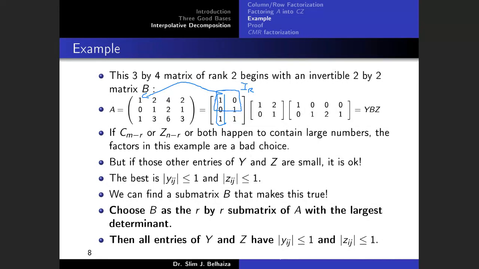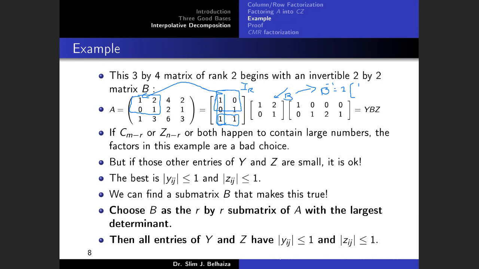Now, what is left is how to obtain the remaining row. But this B, as you notice, is a submatrix of A. Now, what is B minus 1? B minus 1 will be equal to 1 over the determinant of B. The determinant of B here is just 1, times, well, it's easy to obtain as an inverse matrix.